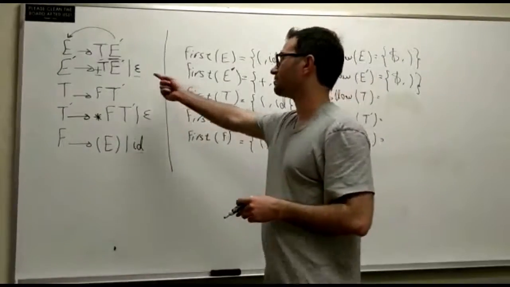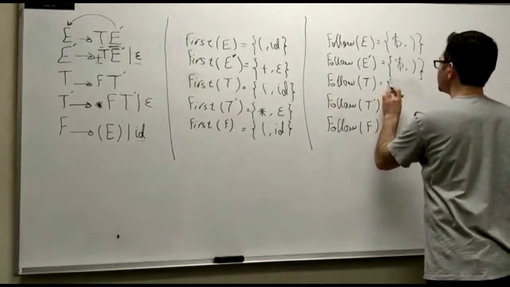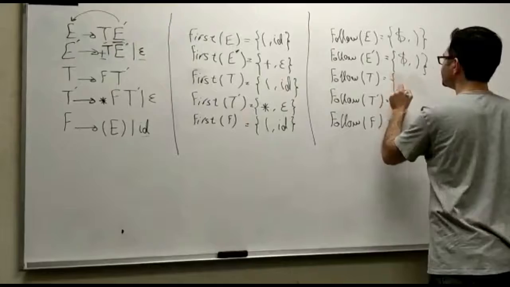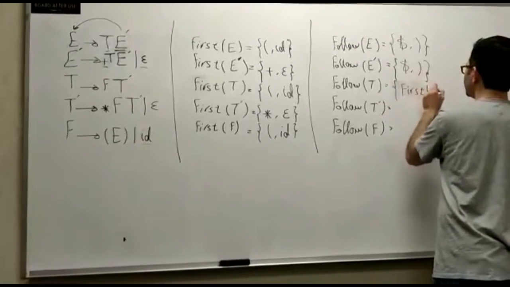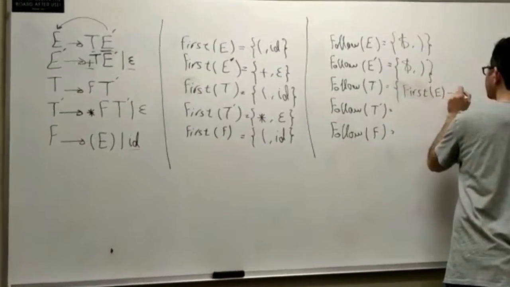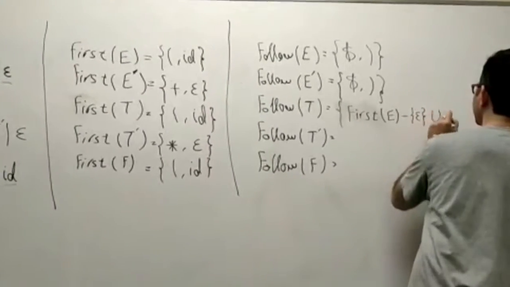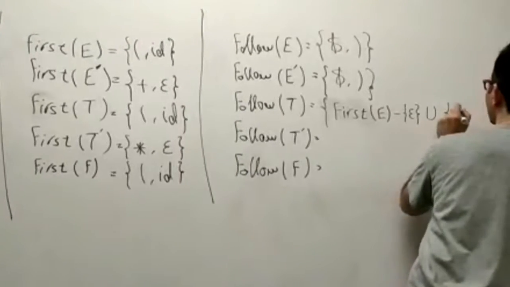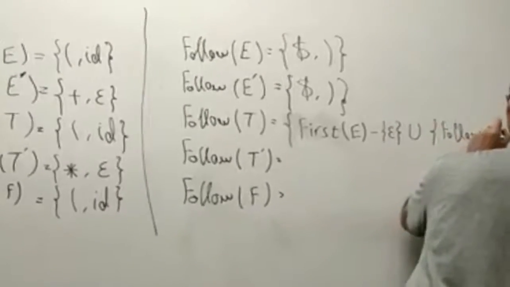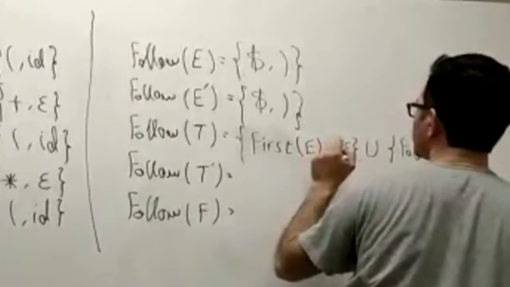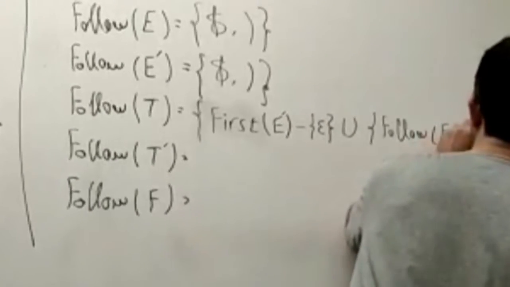So what we should do is go for first of E prime minus epsilon, and then union this with follow of E prime and follow of E.